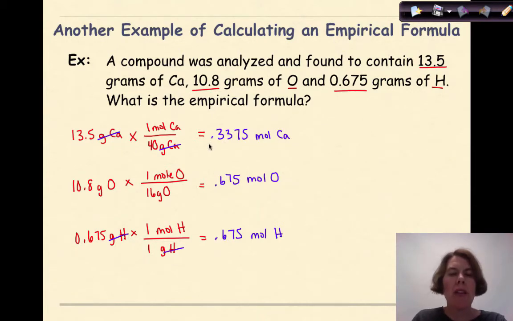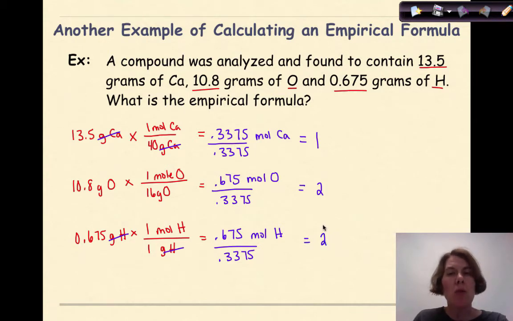So I'm going to divide this by itself, so 0.3375, divide the moles of oxygen by 0.3375, and finally my moles of hydrogen by 0.3375. So any number divided by itself is going to be 1. 0.675 divided by 0.3375 is going to be approximately 2, and the same thing down here.